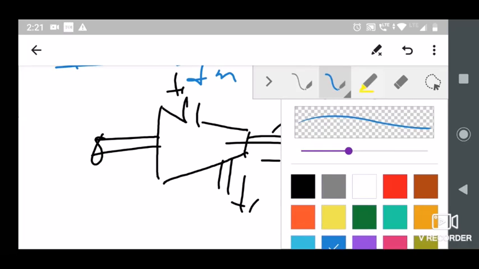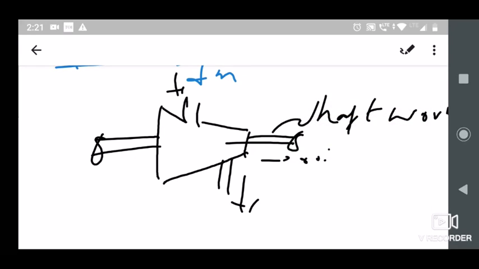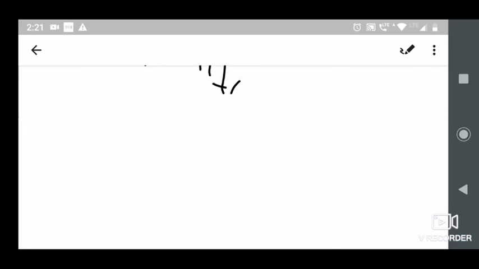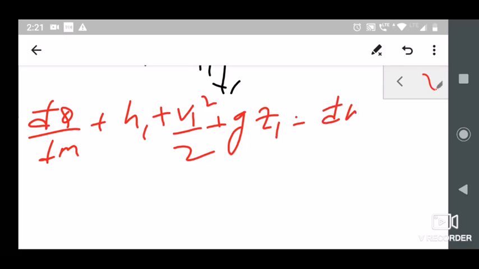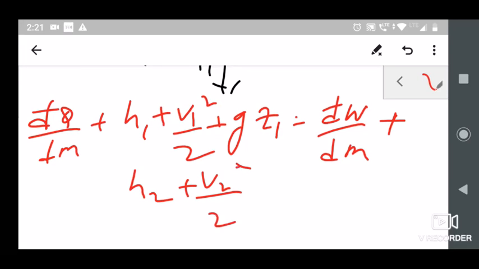Next, let's write down the formula, as you know, for the steady flow energy equation. d dash q by dm plus h1 plus v1 square by 2 plus g z1 is equal to d dash w by dm plus h2 plus v2 square by 2 plus g z2.